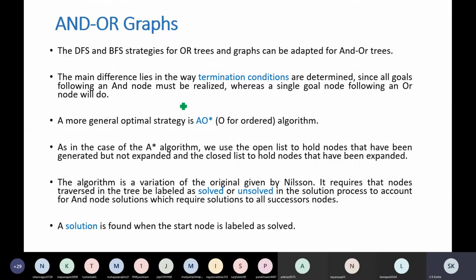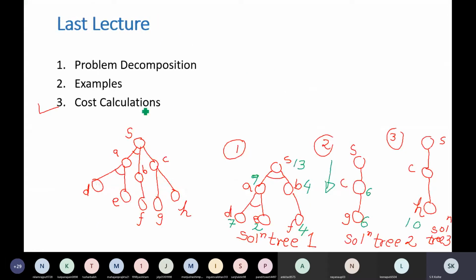In addition to this, we have seen that we are going to label the nodes. So labeling you are going to perform. What kind of labels we are going to assign to the nodes? Two types of labels. One is solved and another one is unsolved or unsolvable.